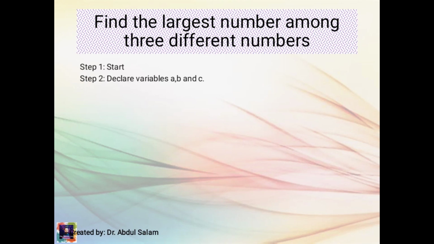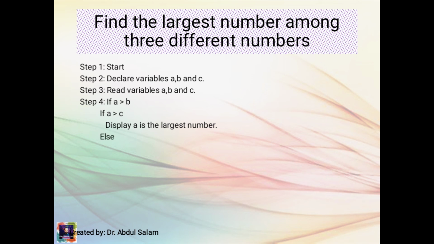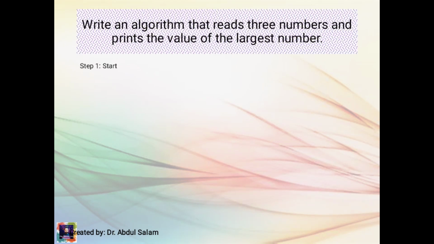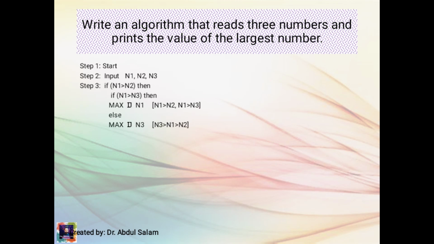Find the largest number among three different numbers. Similarly, start, then declare variables a, b, and c. Step 3 read variables. Step 4 is condition, if else statement. Step 5 is stop. Another algorithm that reads three numbers and prints the value of the largest number.